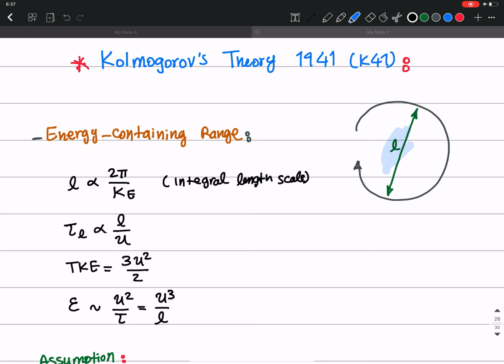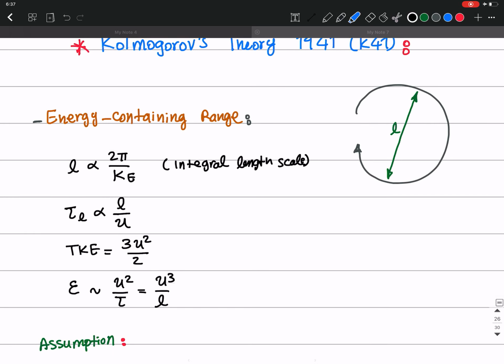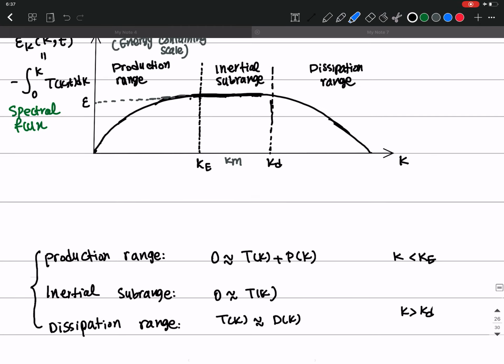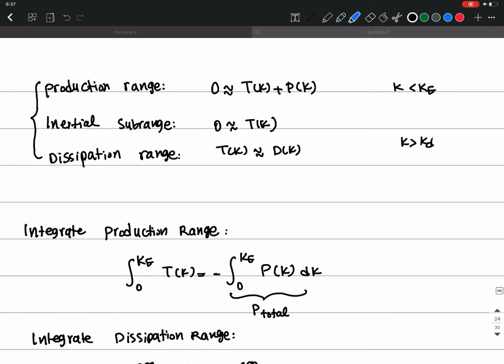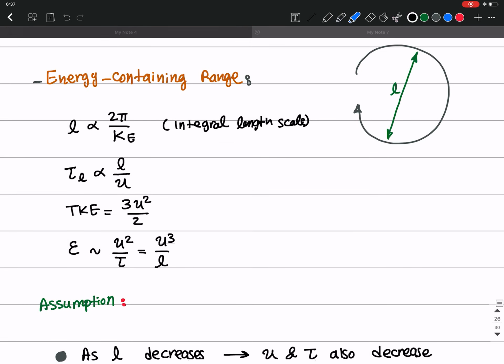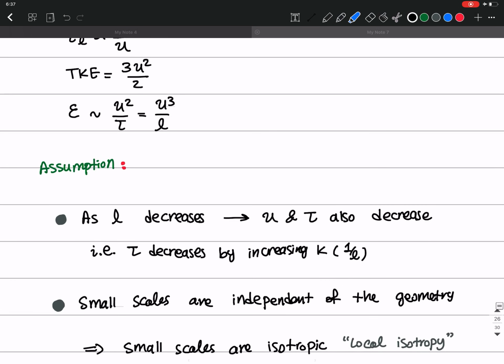We said, okay, let's imagine an eddy with a characteristic length scale of L, which is about 2 pi over Ke, where Ke is the wave number of the energy containing range. And then we found tau L, Tke, epsilon by some dimensional analysis.